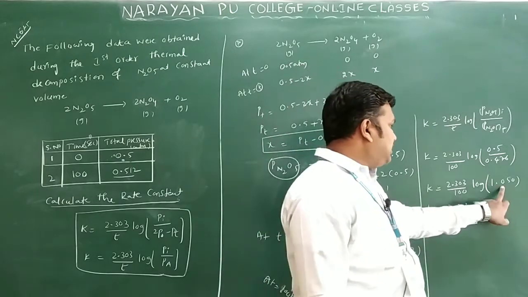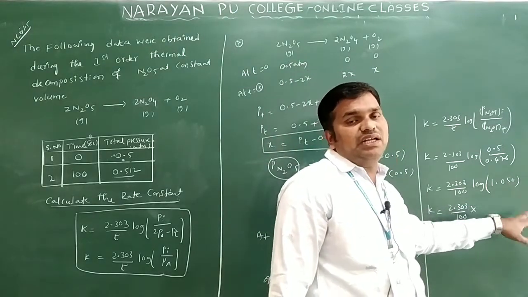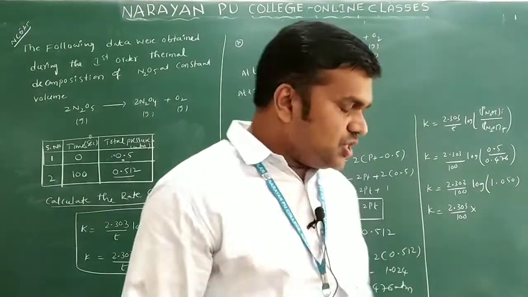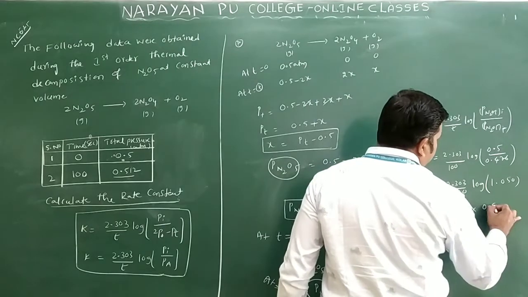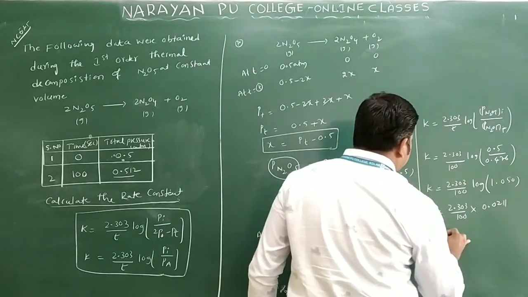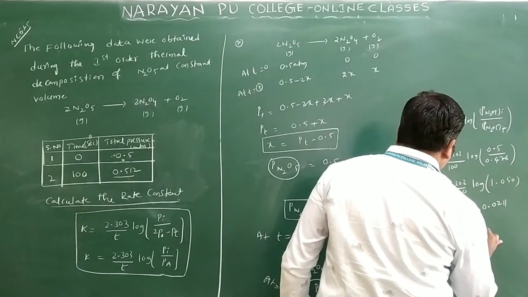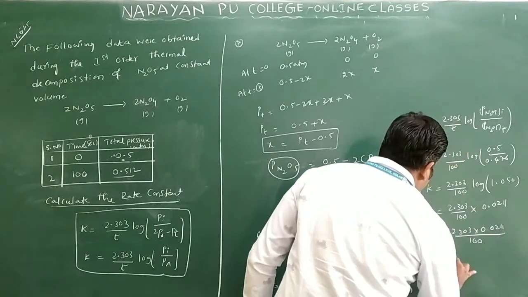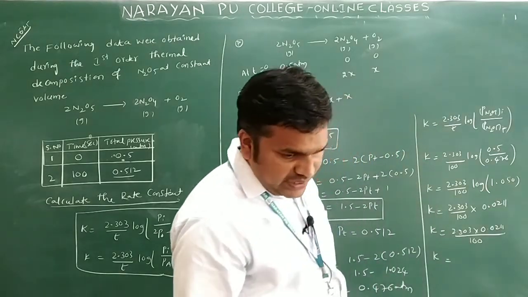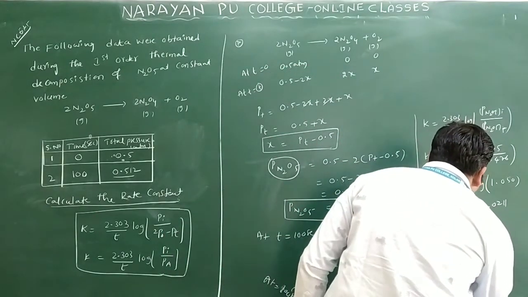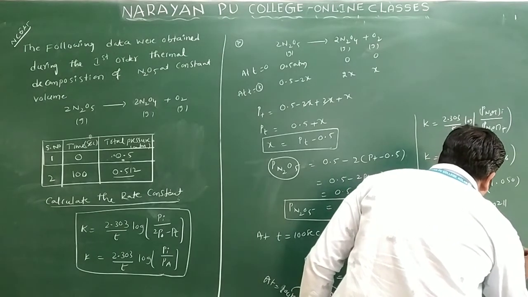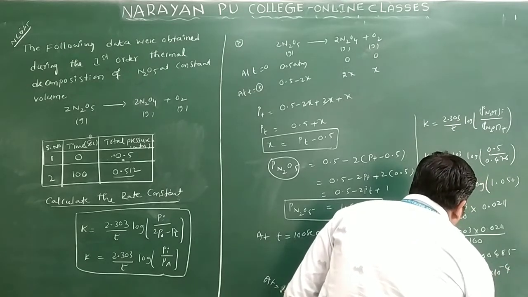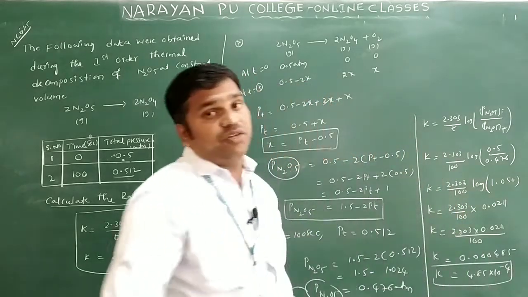You will get the value 0.0211. So K is equal to 2.303 into 0.0211 by 100. If you do the calculation, you will get 0.000485. You will write this value in the form of 4.85 into 10 power minus 4.